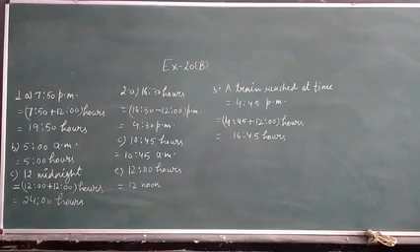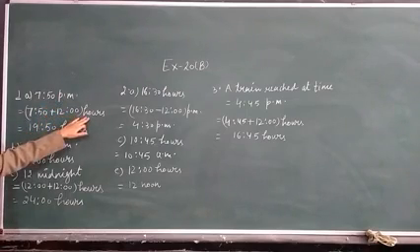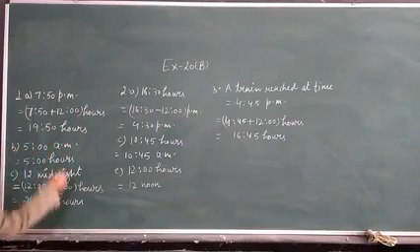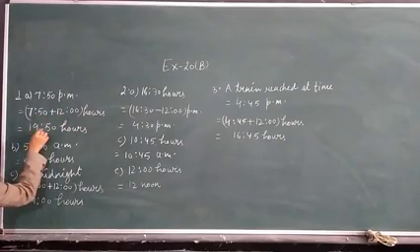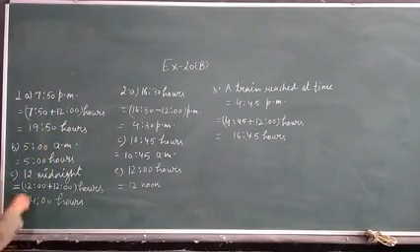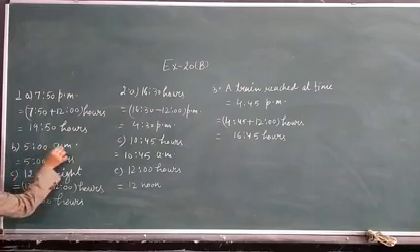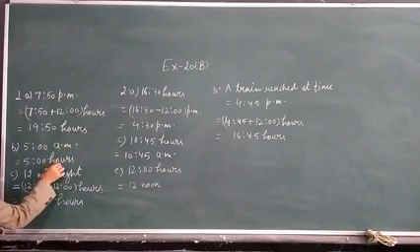For this, PM is given, so we will add 12 and replace PM by hours. 7:50 plus 12 hours, so 19:50 hours. Now B, 5 AM. For this, we will replace AM by hours.